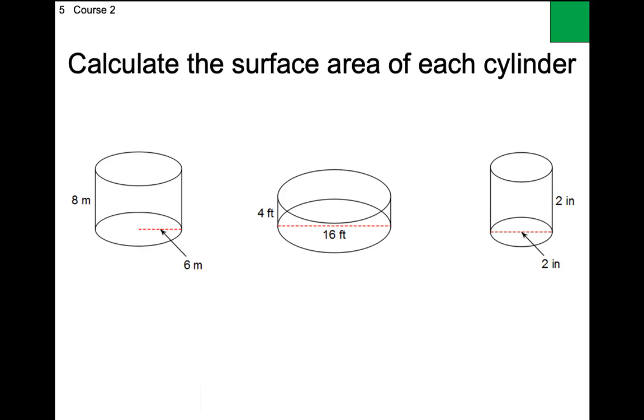Let me see if I can beat your calculators. 2 pi rh plus 2 pi r squared. 2 pi times 6 times 8 plus 2 pi 6 squared. 48, that'd be 96 pi plus 6 squared, 36, 72 pi. That's going to give me an 8 plus 9... 96 plus 72 is 168 pi.